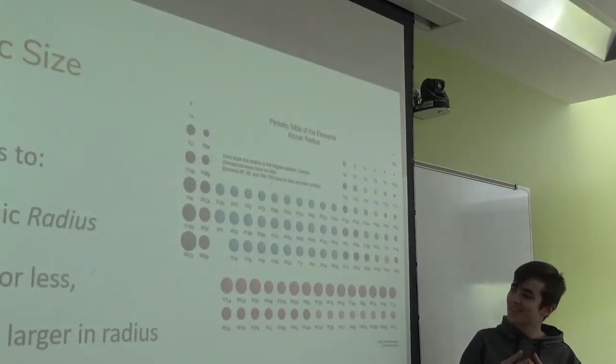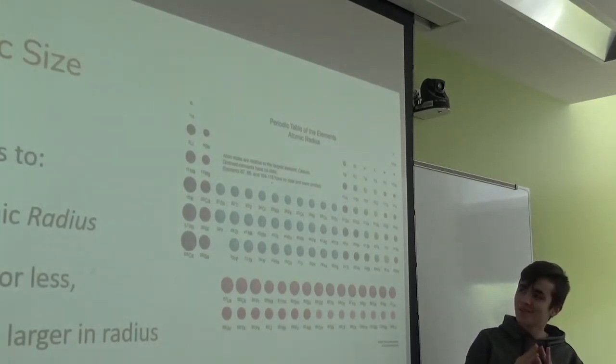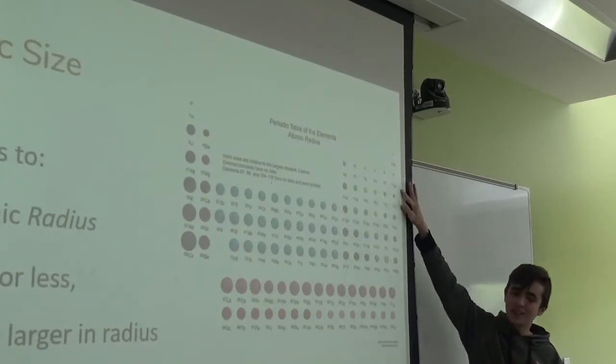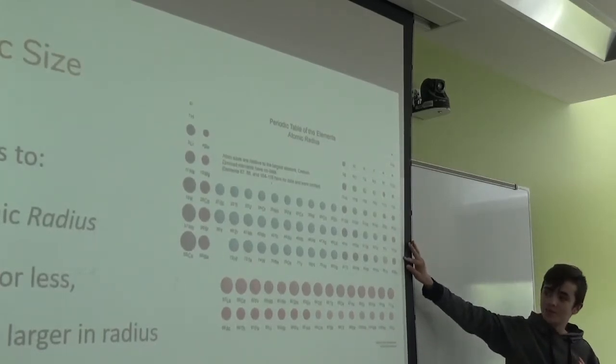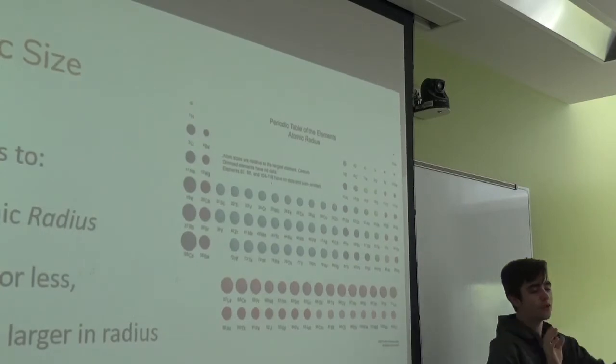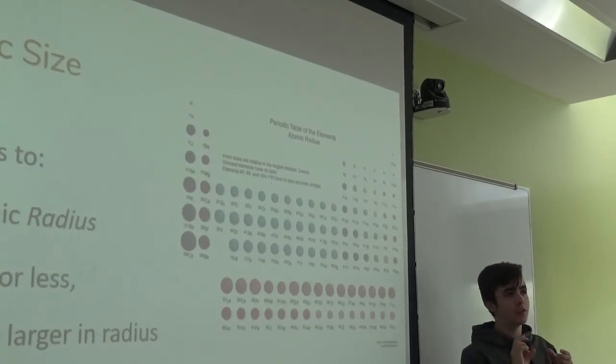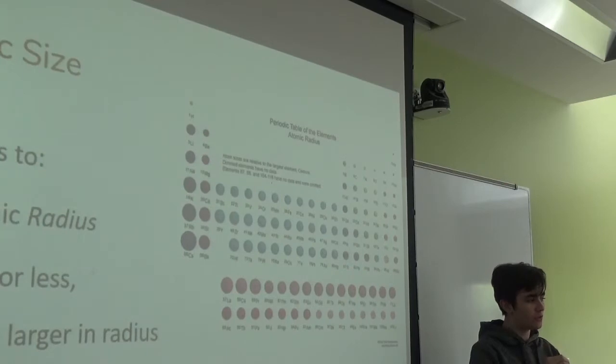I'm not quite sure. I know that the noble gases are smaller in radius because they are more stable, and they have a stronger pull from the nucleus. It's more compact.